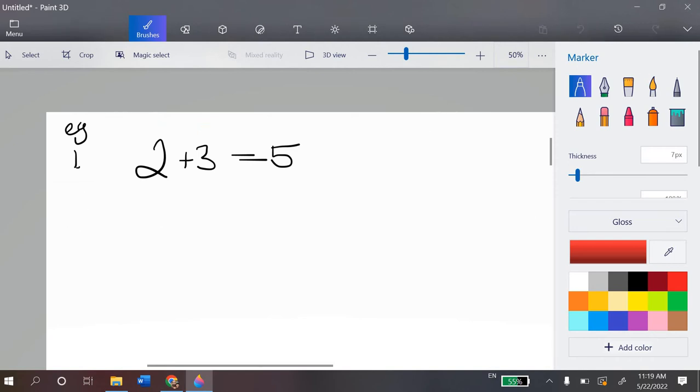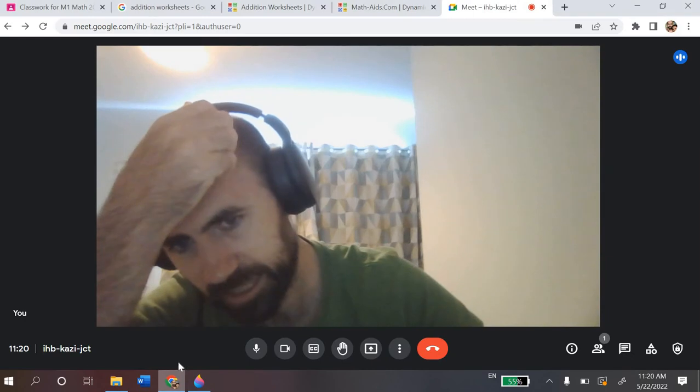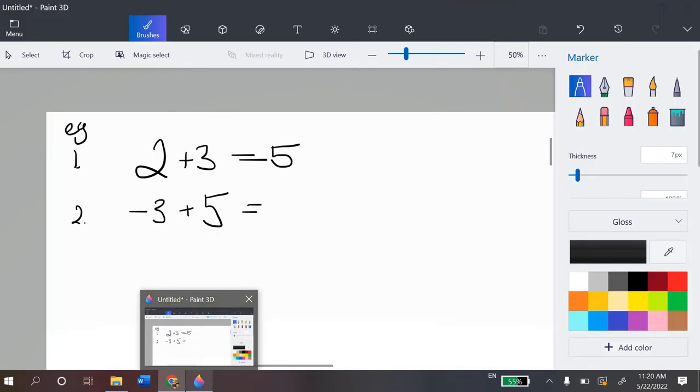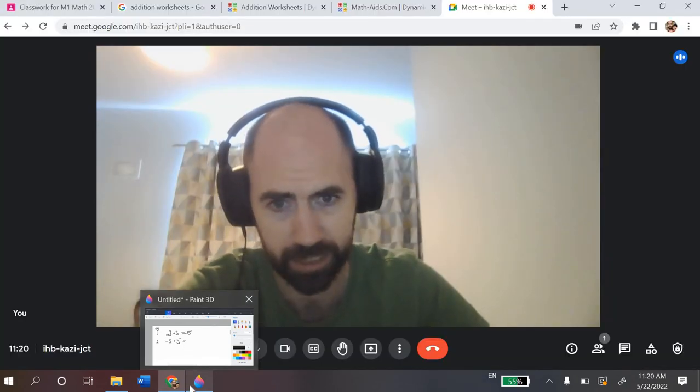Then I also showed you like this, if we had a negative number at the start, negative 3 plus 5. Okay, also very easy. The way I think about this, okay, we have two numbers, negative 3 and plus 5.